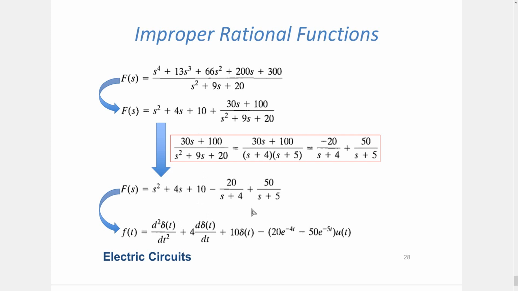So I can write down, by doing again the inverse Laplace transformation from the frequency domain, this representation. Okay. So this is how we handle the improper rational function solutions in the frequency domain, and we transform them into the time domain using the inverse Laplace transform.